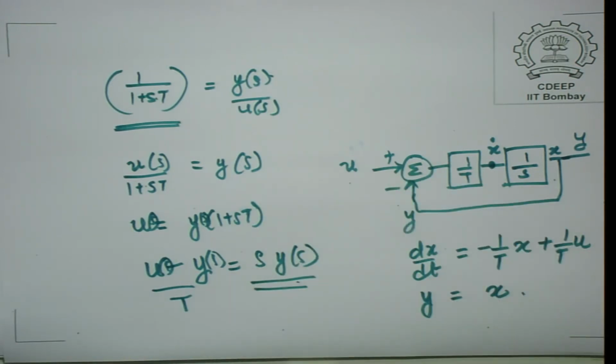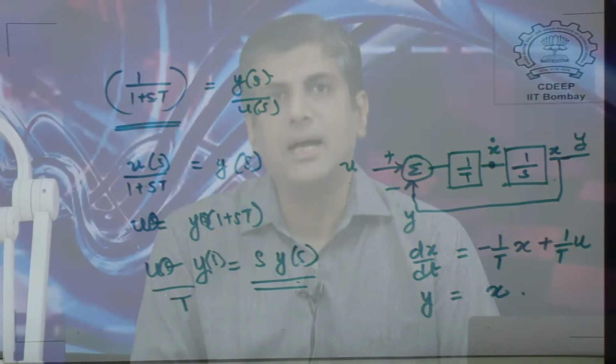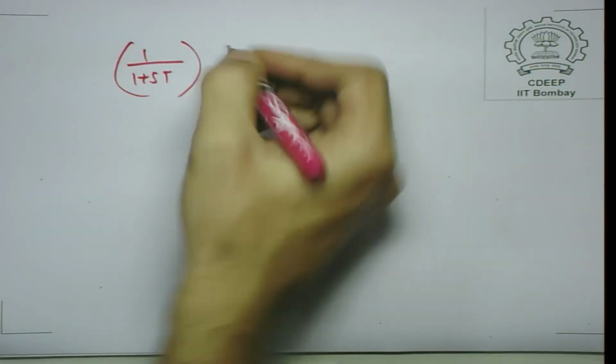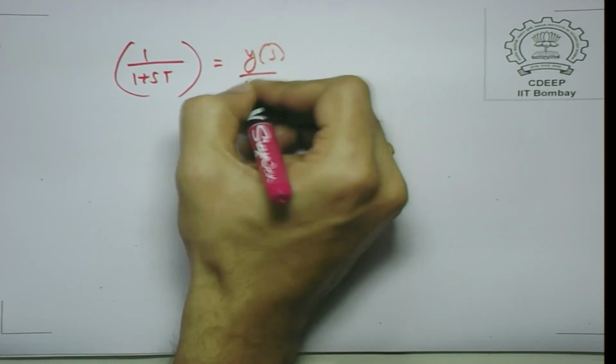In fact there are one or two other characteristics which you should be aware of: this 1 upon 1 plus sT is a kind of a low pass characteristic. If you look at this transfer function, a few things can be inferred right away.